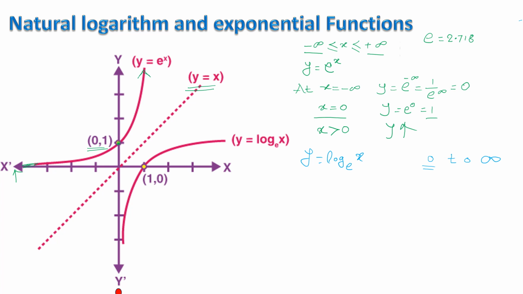So when x is very small, when x is close to 0, then y has large negative value. So here you can see when x is equal to 1, log of 1 to the base e is equal to 0. So this is that point.